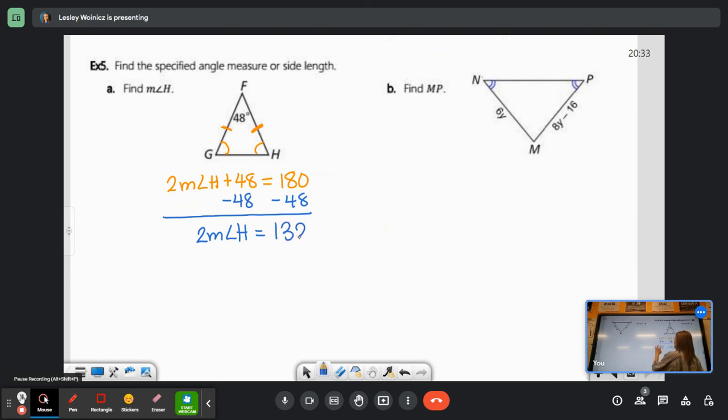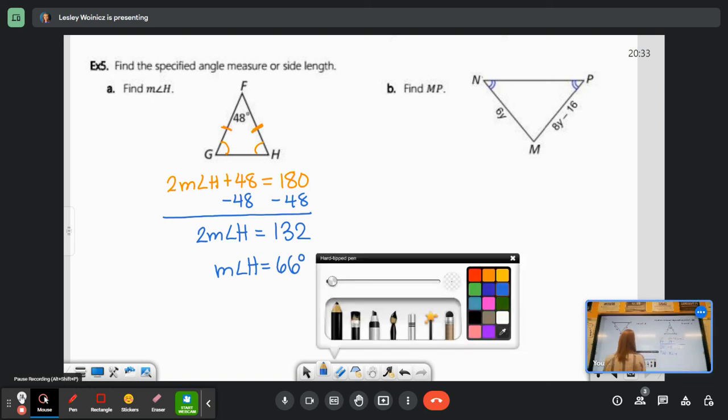Divide both sides by 2 is 66. Didn't we just get 66? Someone is messing with me. Measure of angle H is 66 degrees. Okay. Next.